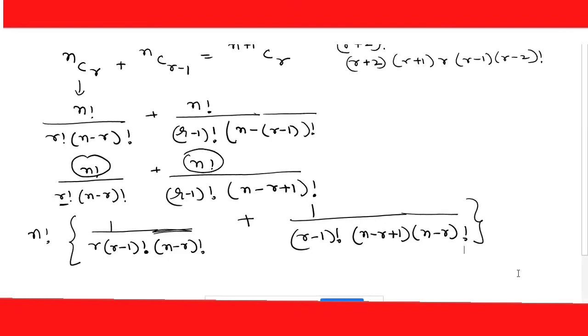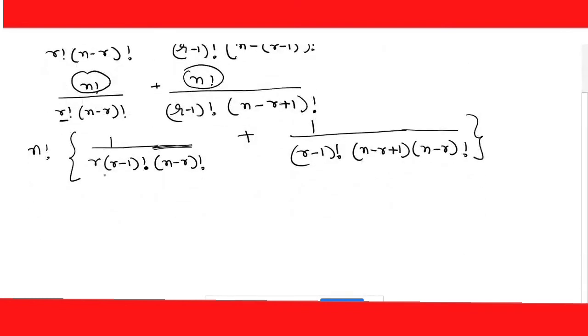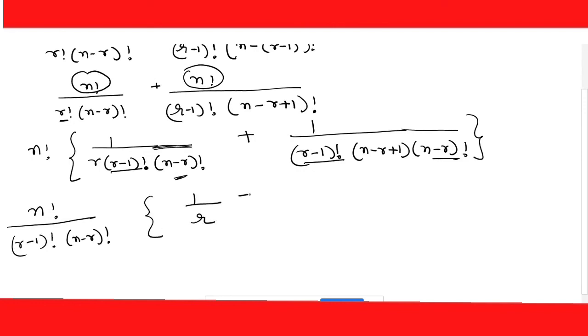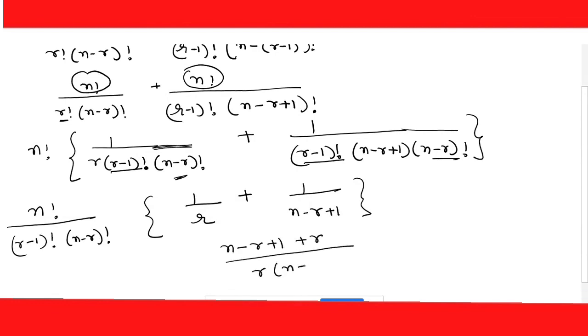Now we have these two things common: one upon r plus one upon n minus r plus 1. Now we take the LCM and solve just like fractions. It gets cancelled.